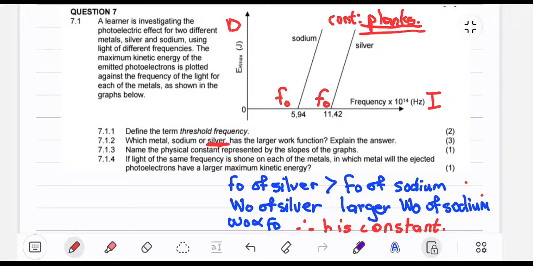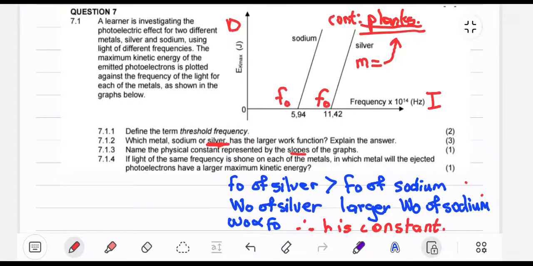7.1.3, name the physical constant represented by the slopes of the graphs. Remember, slope is gradient. Now what is the gradient of this graph? Gradient is the same as the controlled variable, which is Planck's constant.